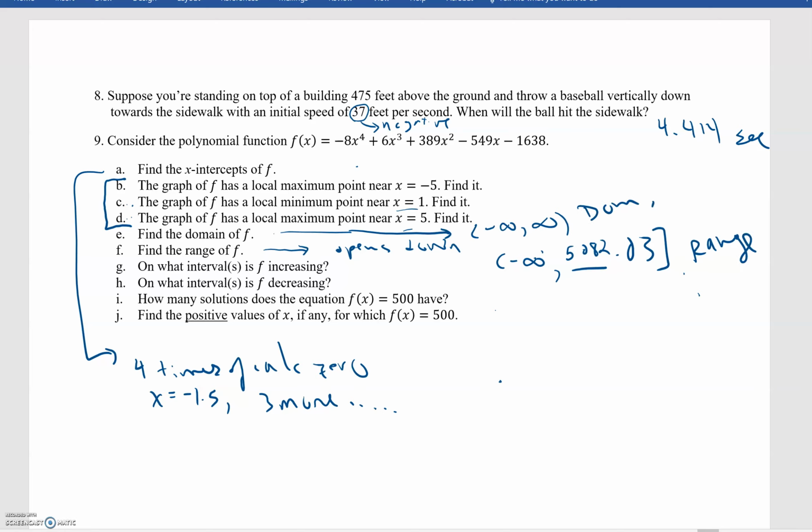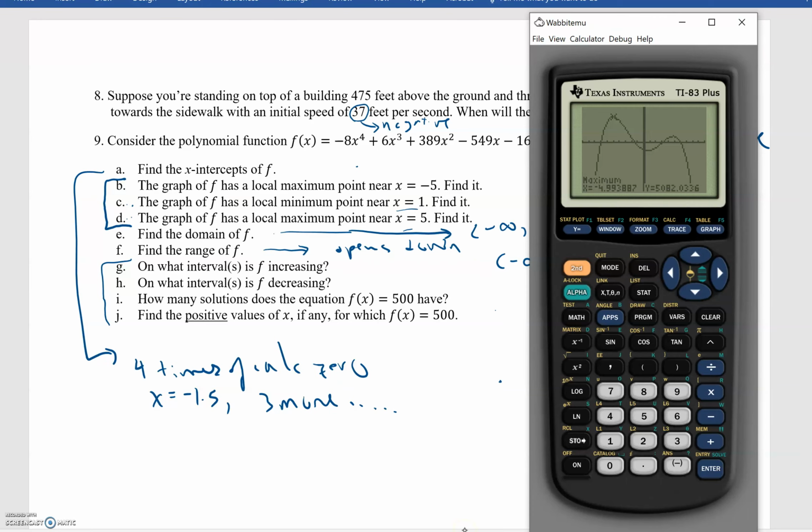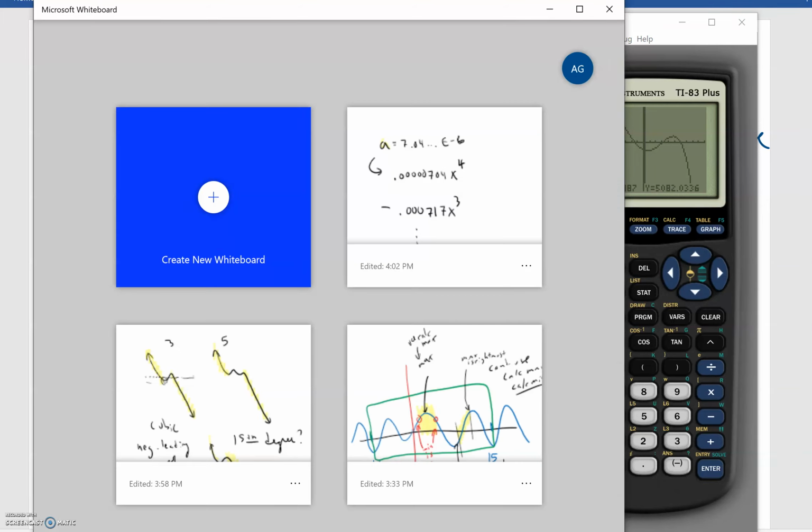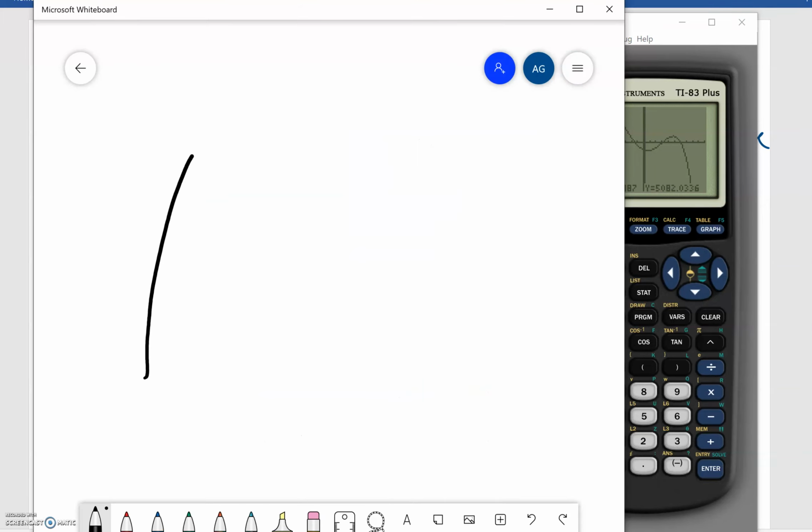And our domain. Okay, moving on to where it's increasing and decreasing. So once again, to actually do this, here's what we have. I've got a function that looks like this. And so where it's increasing is going to be the x values that go from here to here, and the x values that go from here to here.